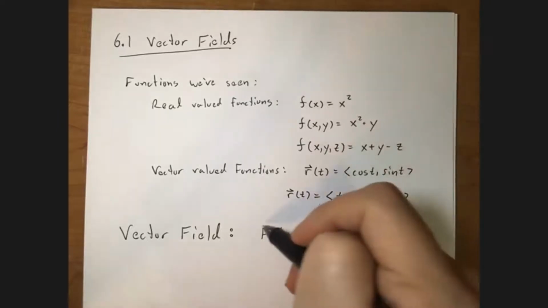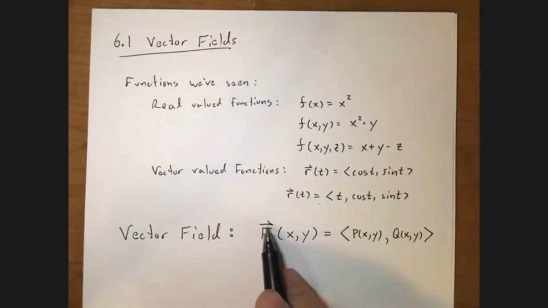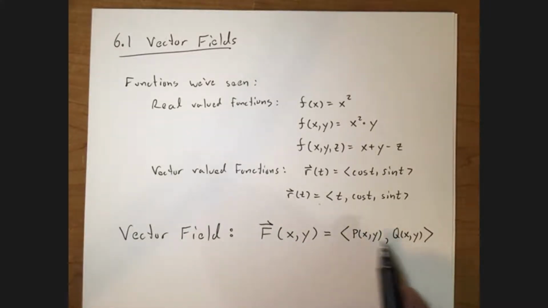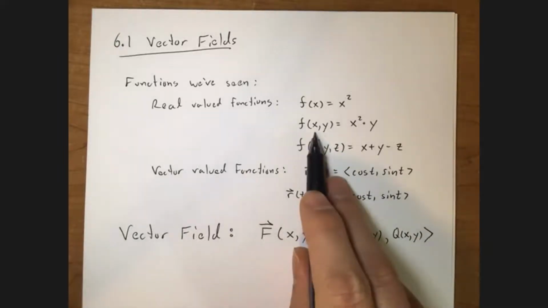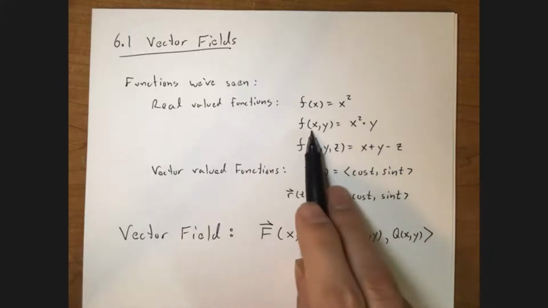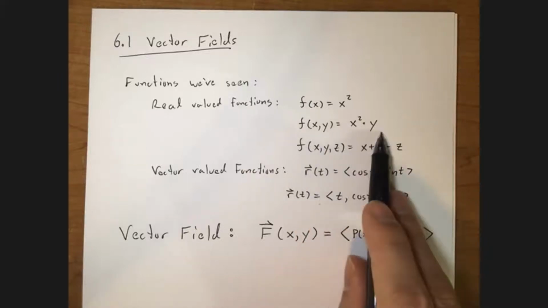This guy, I'm going to put a vector sign above him because his output is a vector. I'm not going to put vector symbols above these because their outputs are real numbers. So these are real valued functions. P and Q are like the f up here. They take 2 real numbers and they spit out a real number.